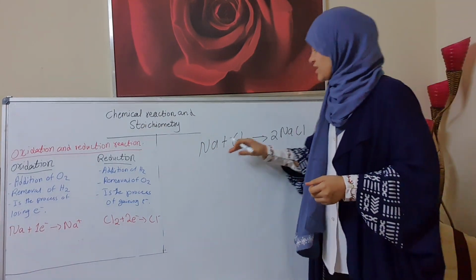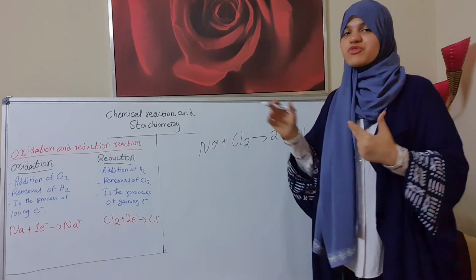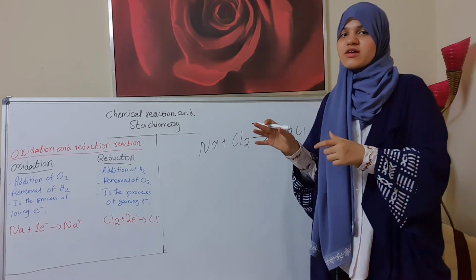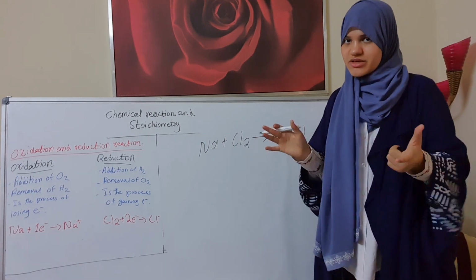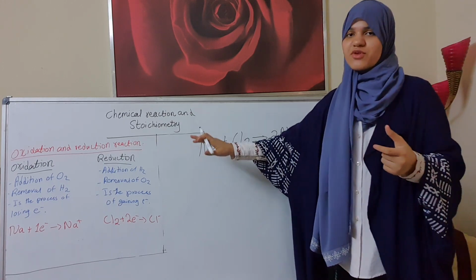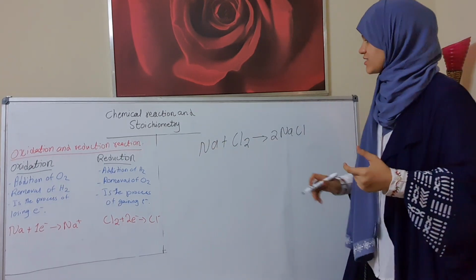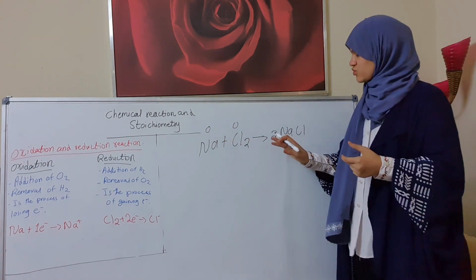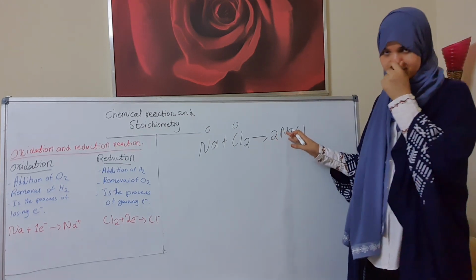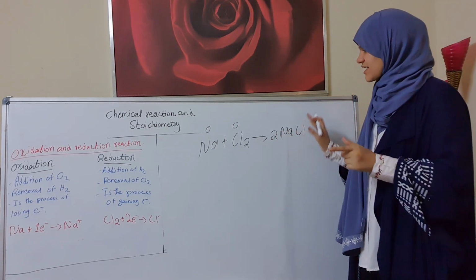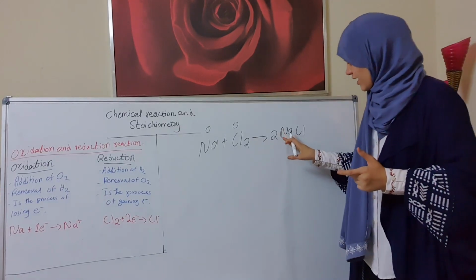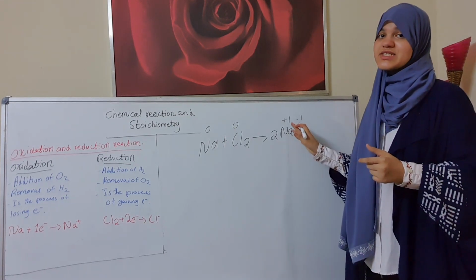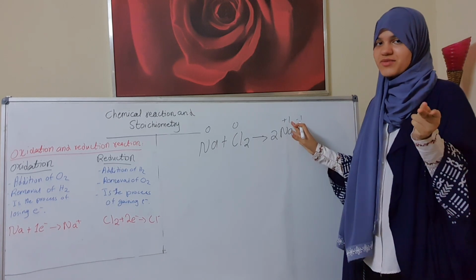As I said before, there is a rule which says if an element is in its free state, it will normally be 0. So the oxidation number for sodium and chlorine is 0. And what we have here is 2 sodium and 2 chlorine. Now it is a compound.